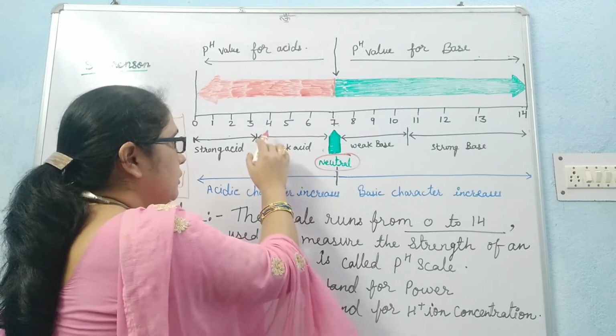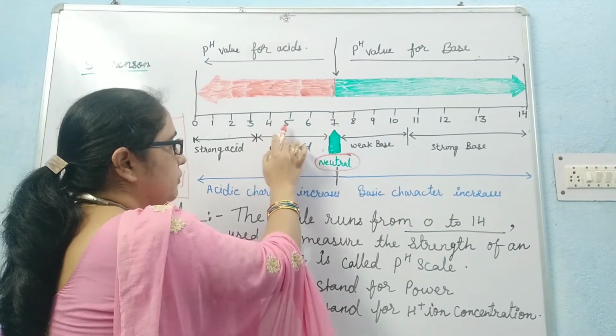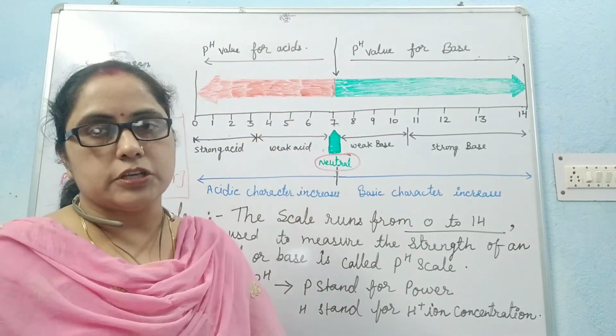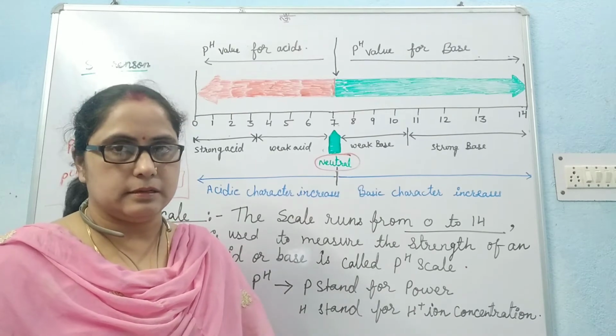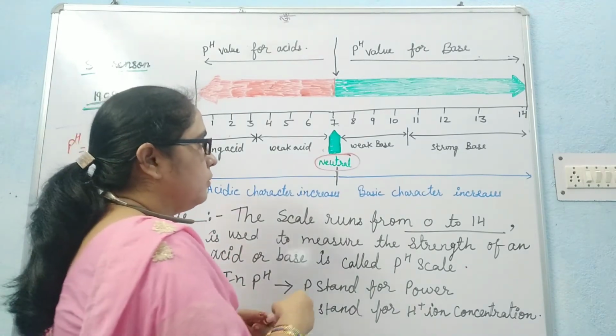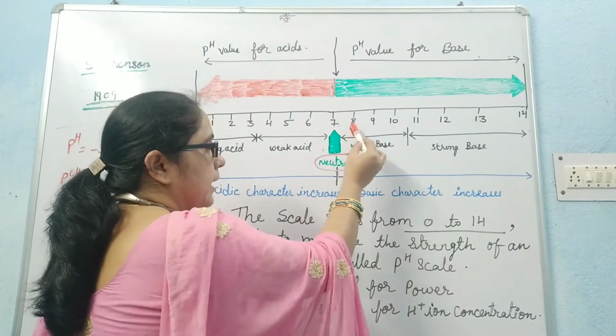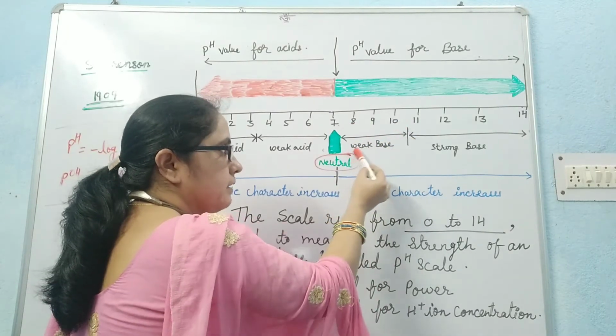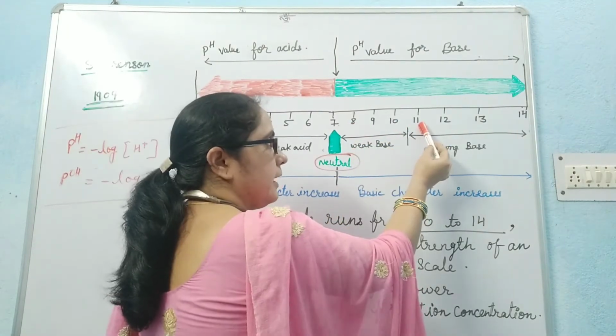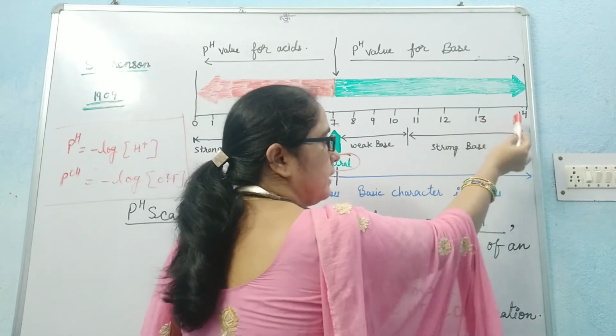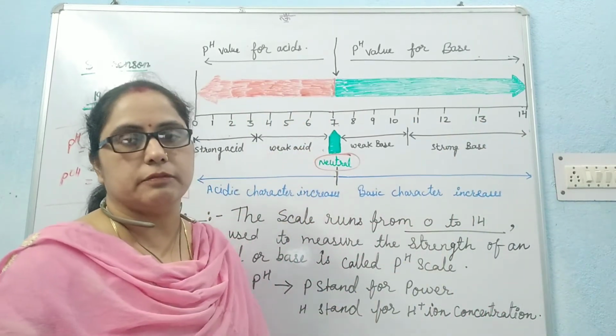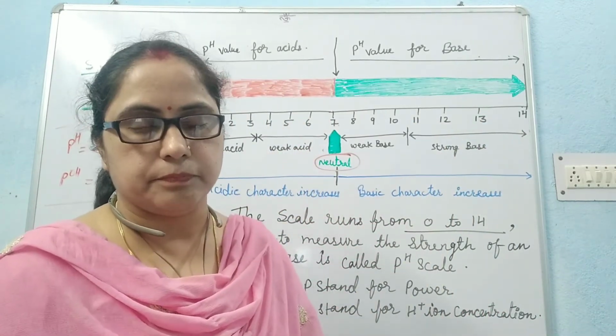If the pH value is 4, 5, 6, the solution will be weak acid. And if the pH value of a given solution is 8, 9 and 10, it is a weak base. If the pH value is 11, 12, 13 and 14, the given solution will be strong base.